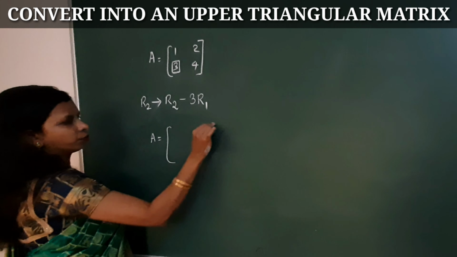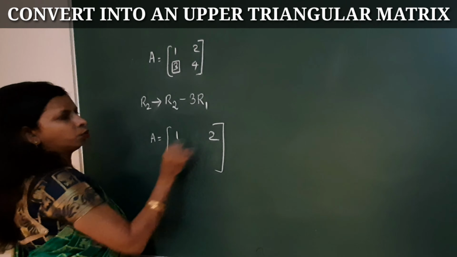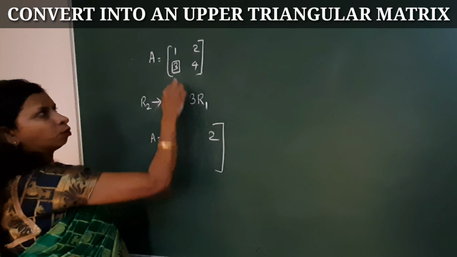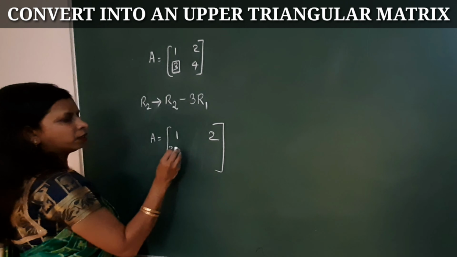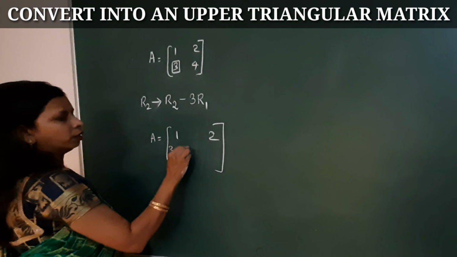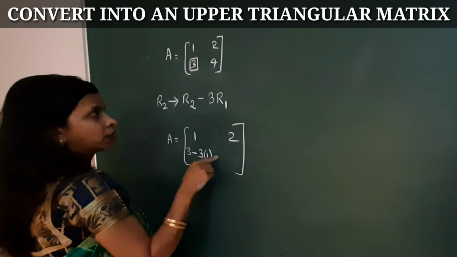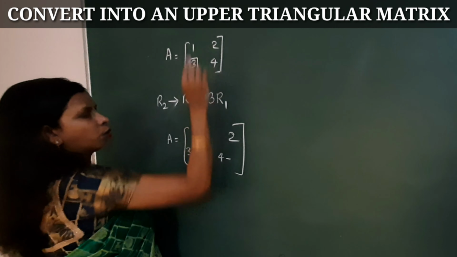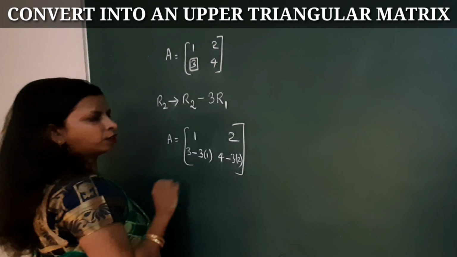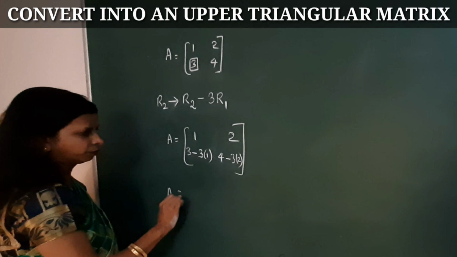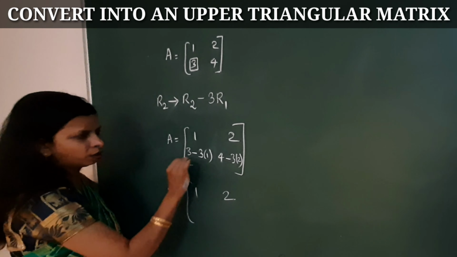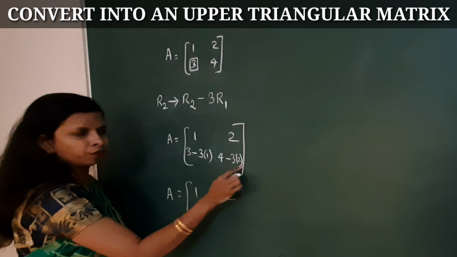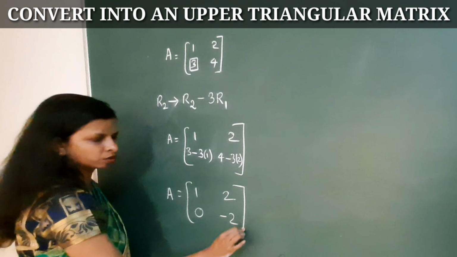A equal to 1 and 2. Now R2 minus 3R1. R2 is 3 minus 3 into 1. Similarly, here also 4 minus 3 into 2. So therefore 1, 2, 3 minus 3 = 0, 4 minus 6 = -2.